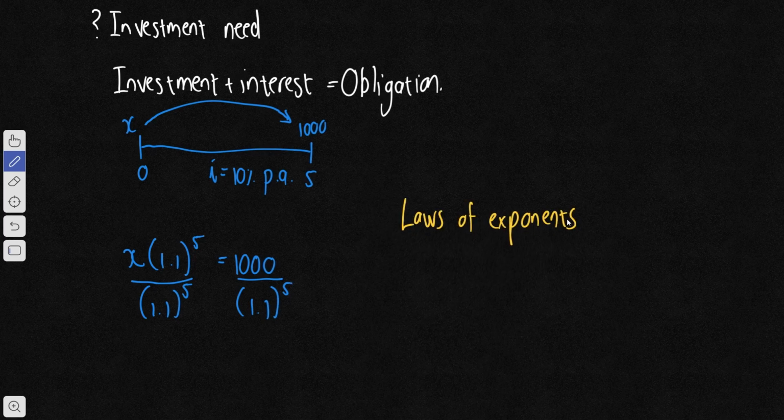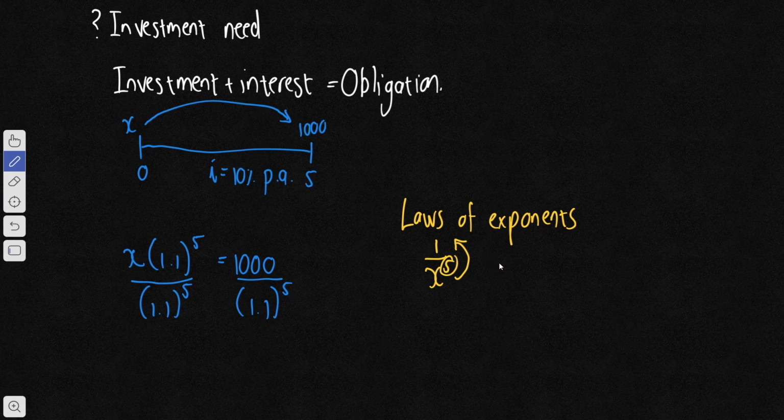So to solve for x, we need a quick recap of one of the laws of exponents. When working with a fraction, for example, 1 over x to the power 5, we can move x to the power 5 to the top of the line by simply changing the sign of the exponent.